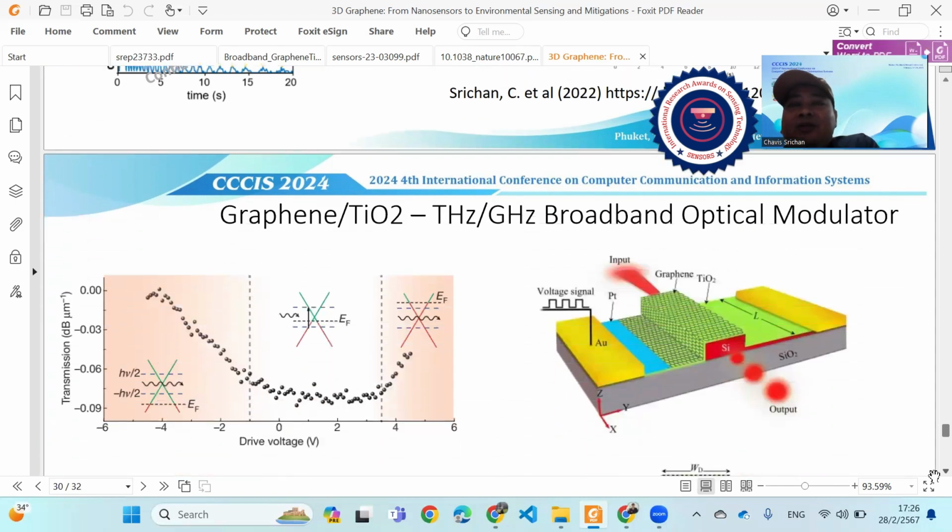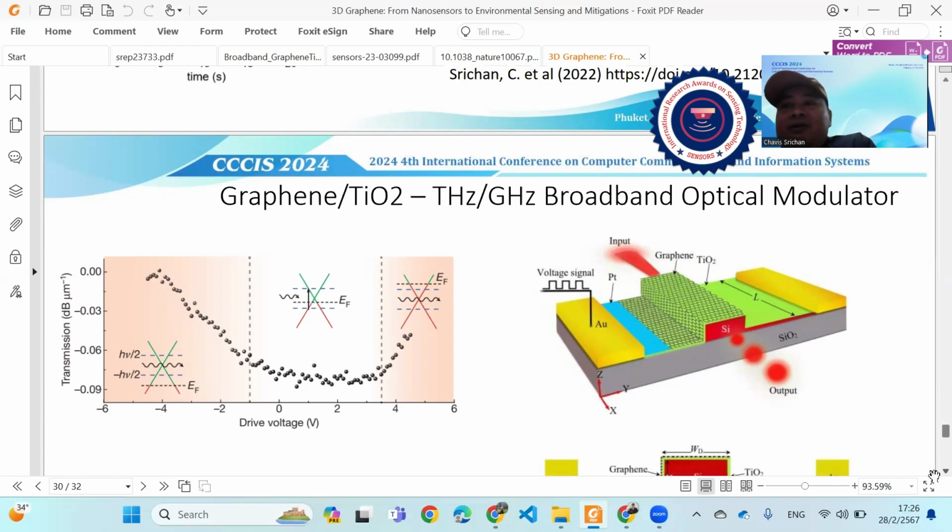Okay, the last one is terahertz communication. We could make an optical modulator to switch light on and off using graphene. You see the graph on the left-hand side. If you apply the signal to the electrode, then you change the Fermi energy level of the graphene, right?